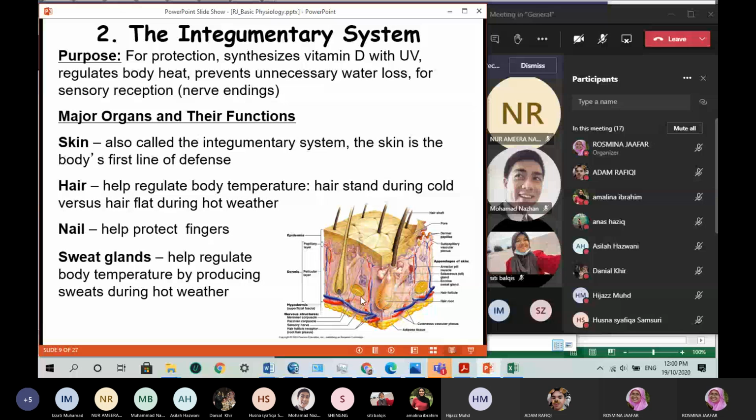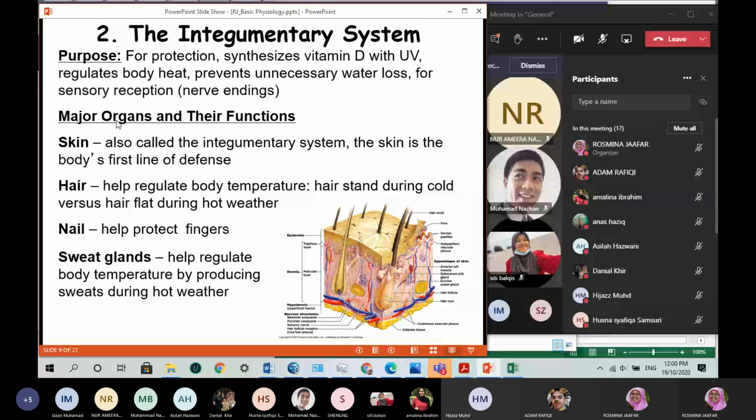So that's why the skin is actually helping regulate body heat. Okay, the nail protects the fingers. The sweat glands help regulate the body temperature by producing sweat.